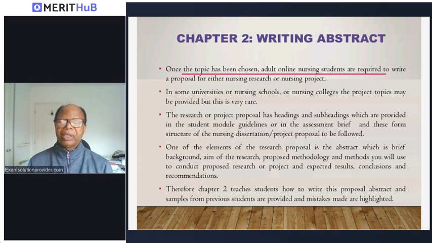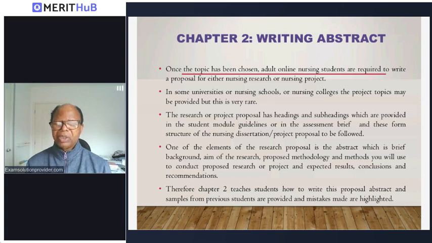It's one of the areas you need to understand, you need to learn, so that you make sure you do the right things. Otherwise, you fail right from the beginning because you have used the wrong structure, or a structure that is not recommended by your university. Now, each university is different.